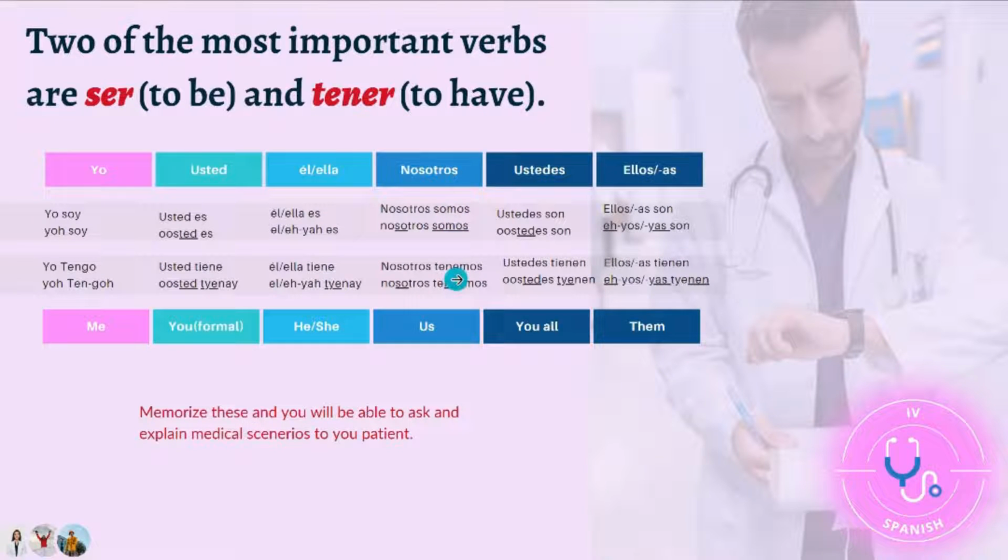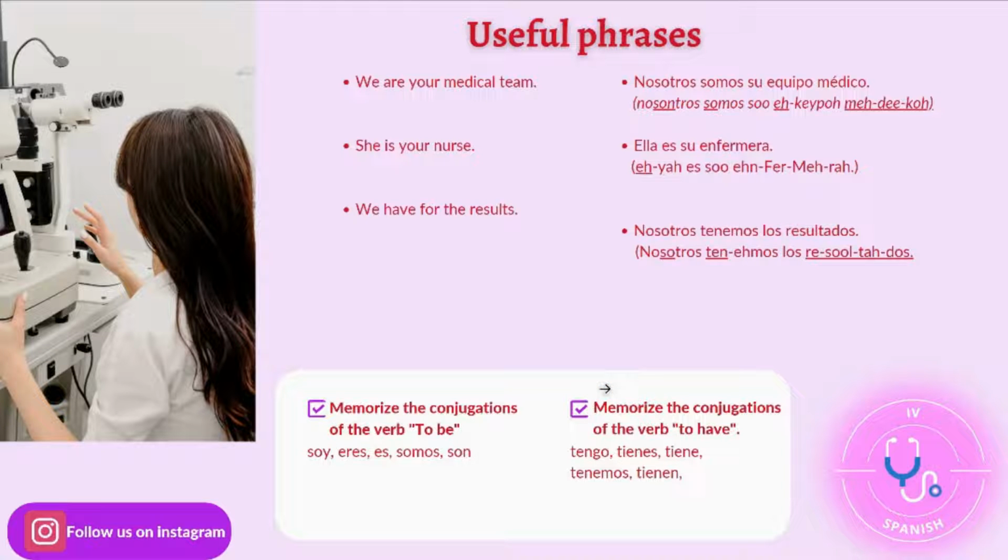Because somos and tenemos is only found in the conjugation for us or we, nosotros. So same goes for soy and tengo. If you want to say I am your doctor, you don't have to say yo soy su doctor. You can just say soy su doctor, because the way that this is conjugated, the soy and the tengo, only applies to me. So you can actually bypass that first word.